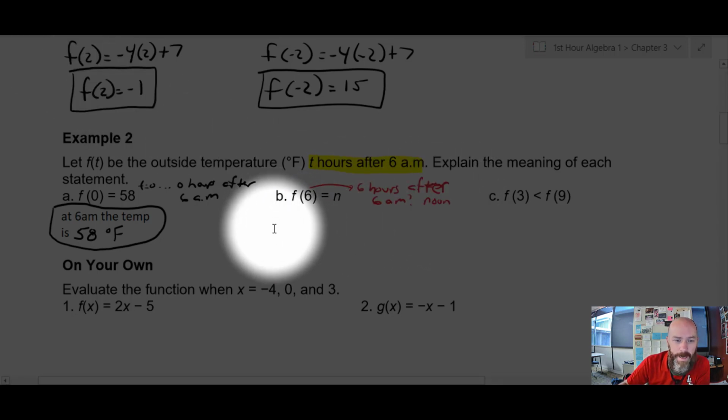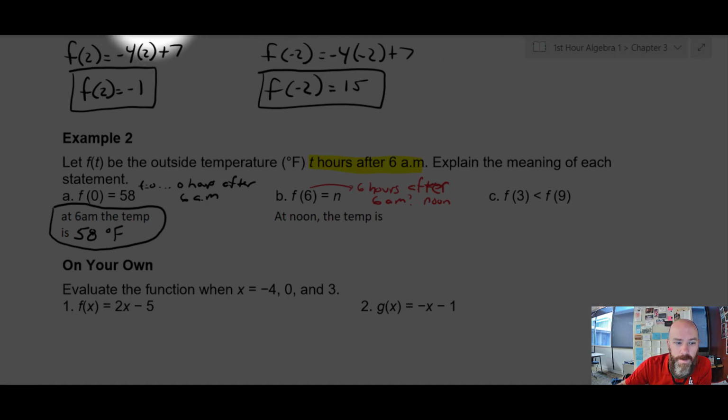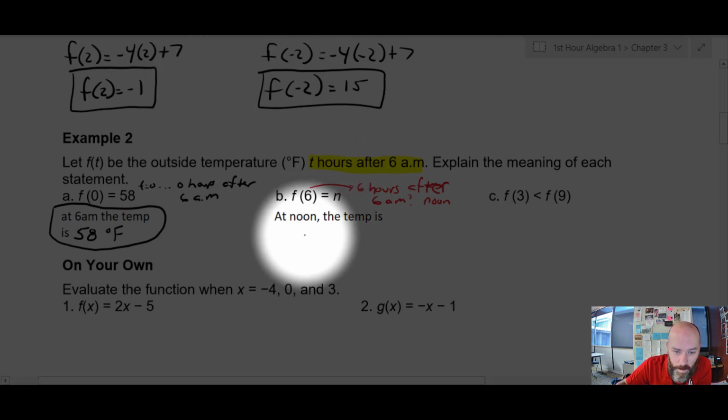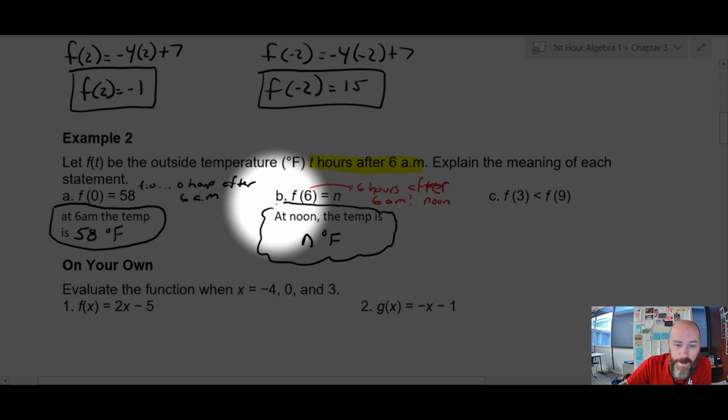So on this one, I can write at noon, the temperature is, now let's see what it says now. It shows that the temperature is n degrees Fahrenheit, which means we don't know the exact temperature here because they're using a variable and that's okay. But that's how we would explain this meaning.